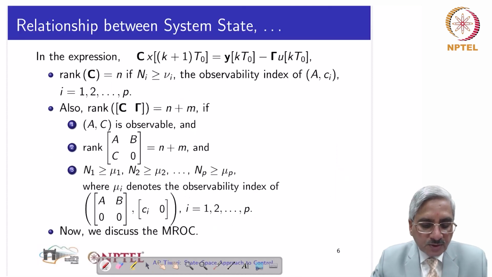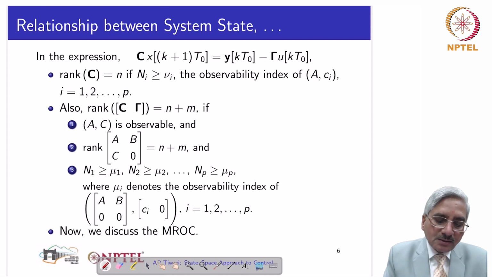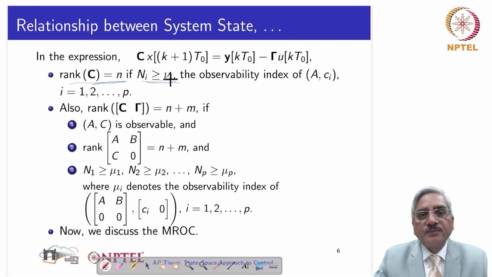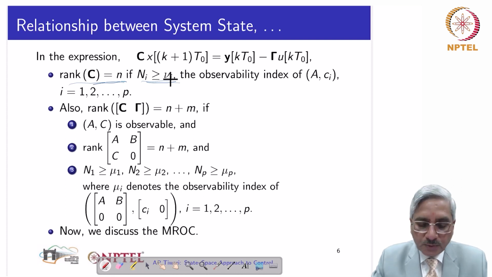We proceed further. We mentioned these two important characteristics. First, rank of bold C will be n, subject to the condition that N1 is greater than the observability index of output 1, N2 greater than the observability index of output 2, and so on for all the p outputs.